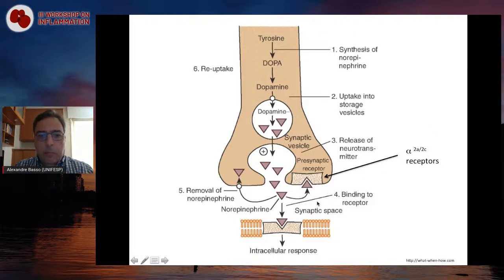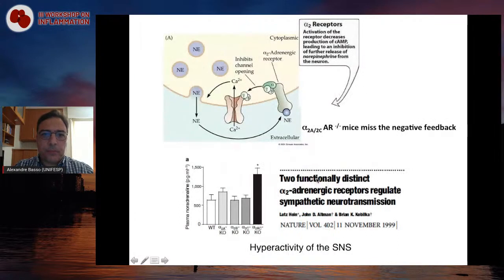And what is the purpose of noradrenaline signaling through these presynaptic receptors? We know that the activation of these alpha-2A, alpha-2C adrenergic receptors decreases the production of cyclic AMP, leading to an inhibition of further release of noradrenaline from the neuron. So this is actually an important negative feedback mechanism controlling the activity of the sympathetic nervous system.